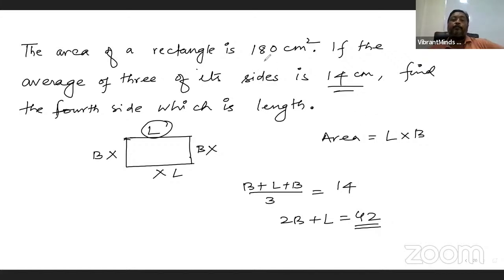Now understand, this 180 can be written as a product of two numbers in the following ways.